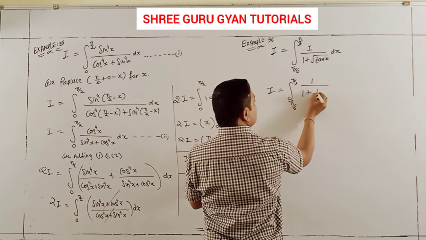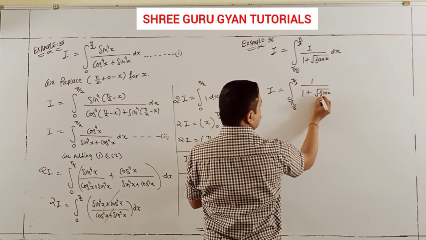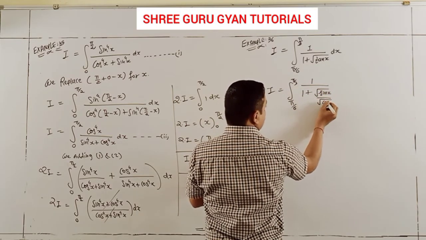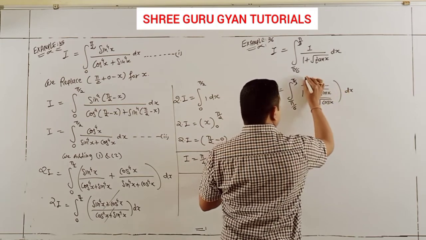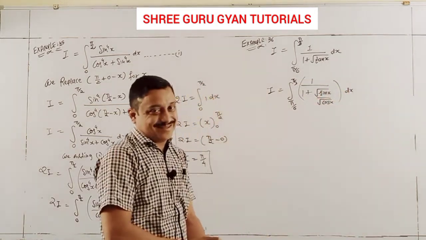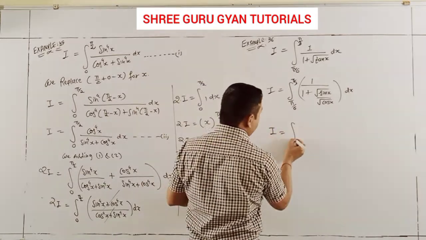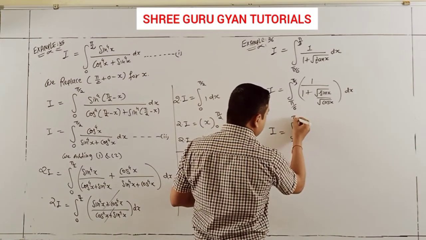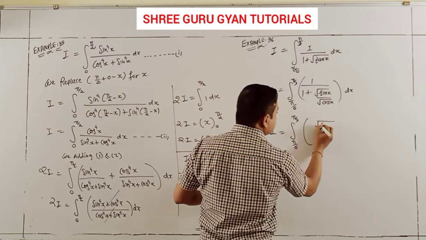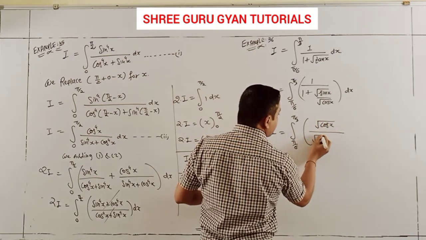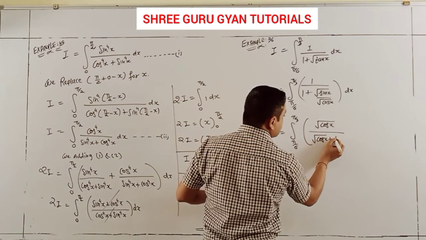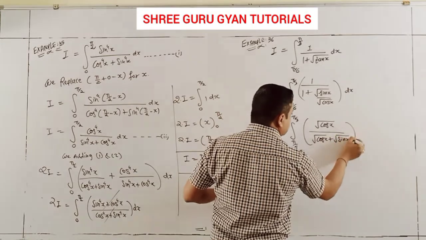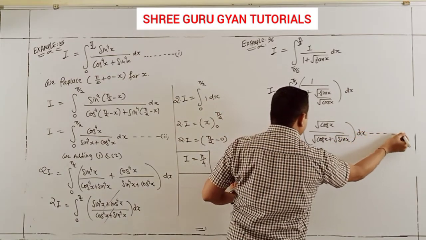Here I first convert into sin and cos, and you can take your LCM. So our I becomes pi by 6 to pi by 3 root cos x over root cos x plus root sin x dx, and here you can take statement 1.